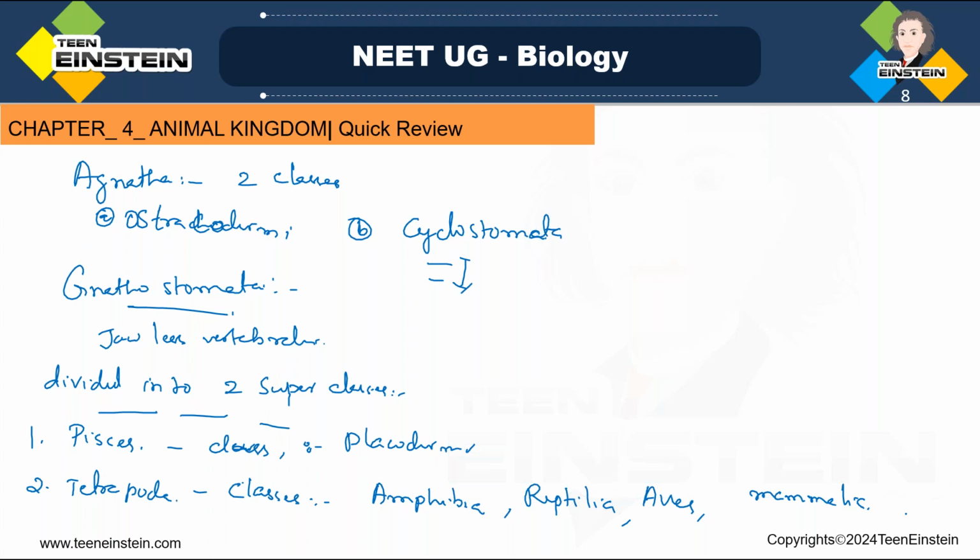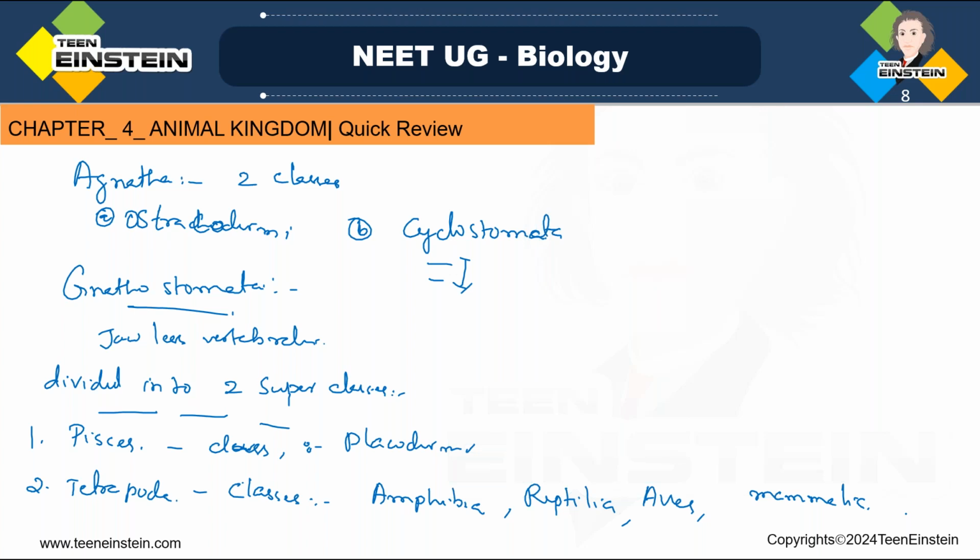Just mention those features: eyelid, tympanum representing the ear, and a three chambered heart, two auricles and one ventricle, and respiration through gills in water and lungs on land. That's why amphibia, right?